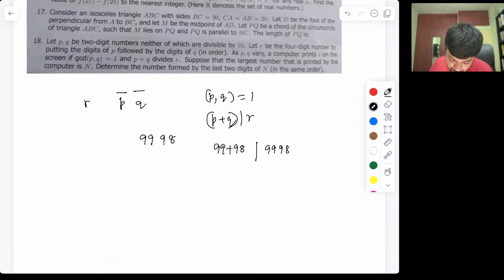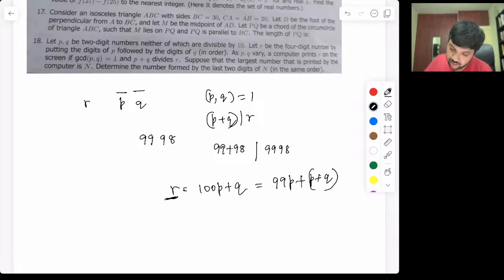Okay. So R is basically 100P plus Q, right? R is 100P plus Q and P plus Q divides it. But 100P plus Q is already 99P plus (P plus Q). Which means if P plus Q divides R, P plus Q divides 99P. That much we can say, I guess. So P plus Q divides 99P, which is weird.